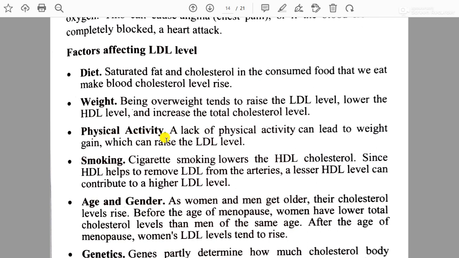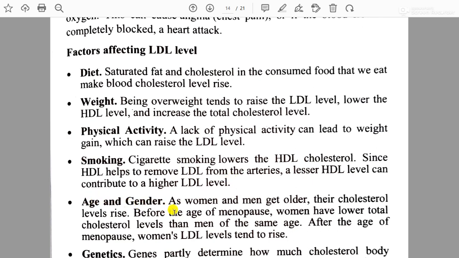Then physical activity. Lack of physical activity can lead to weight gain, as you know, and it can also raise the LDL level. Then smoking. Cigarette smoking lowers the HDL cholesterol. Since HDL helps to remove the LDL from the arteries, a lower HDL level can contribute to a higher LDL level.